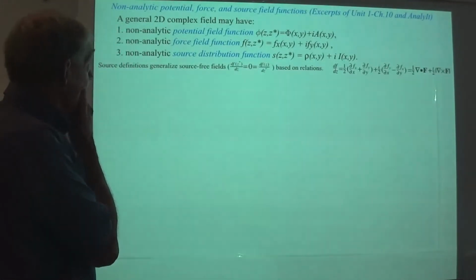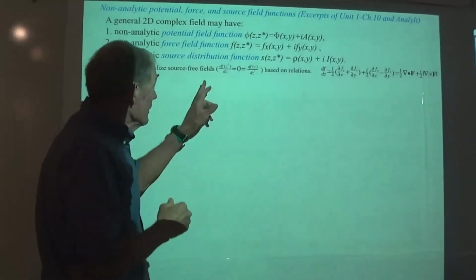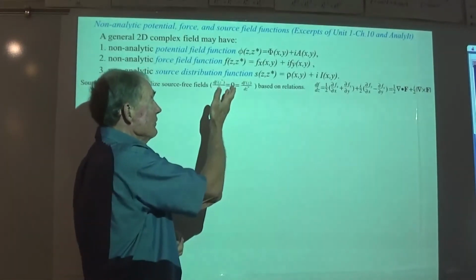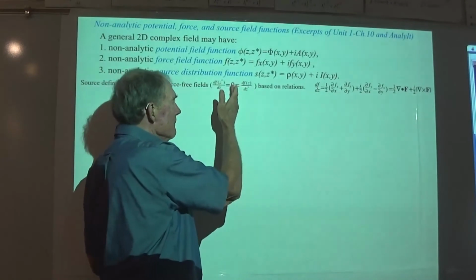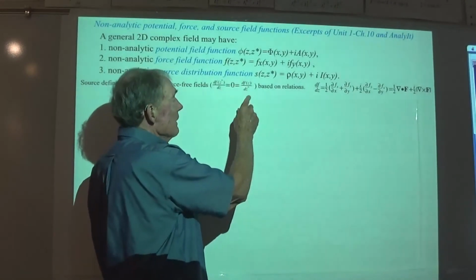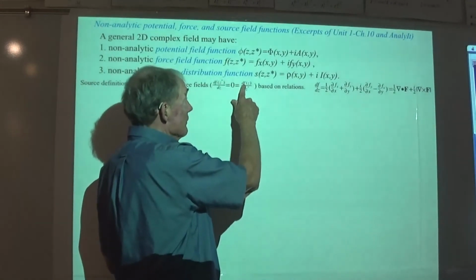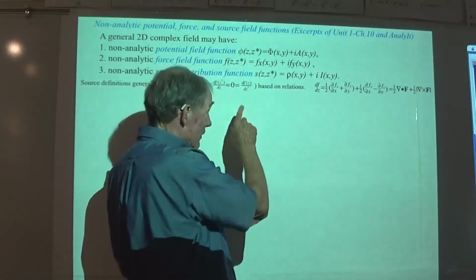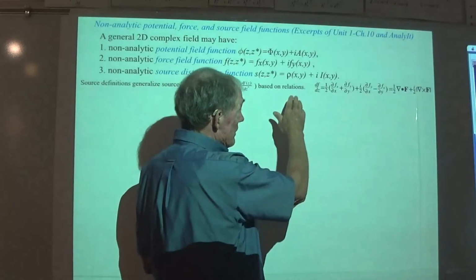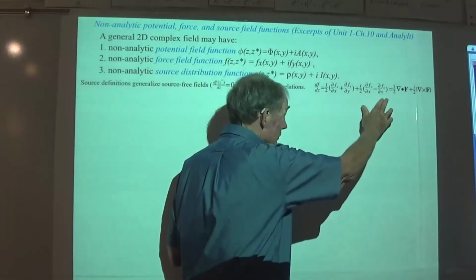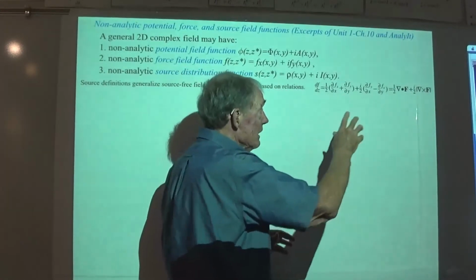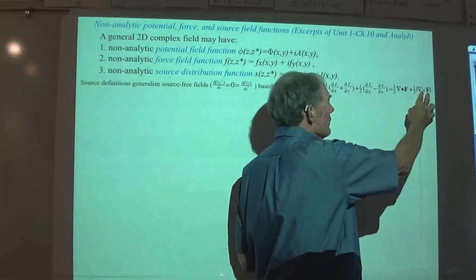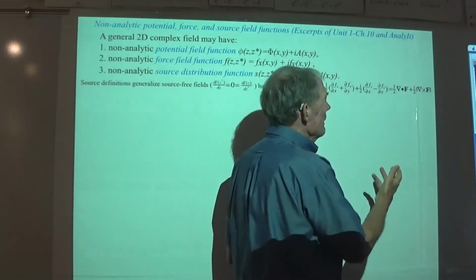So what we do is we generalize these force-free equations here, the derivative of f with respect to z star being 0 and the derivative of f with respect to z being 0. Those are both 0, and those are based on relations that we've looked at and that gave us a coefficient here that was a divergence of f and a coefficient here that's the curl of f.